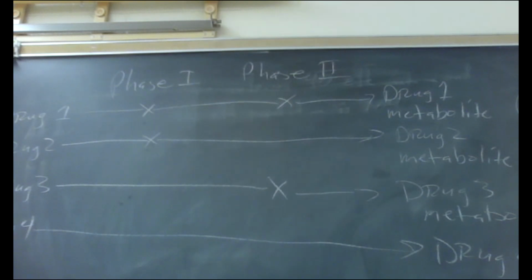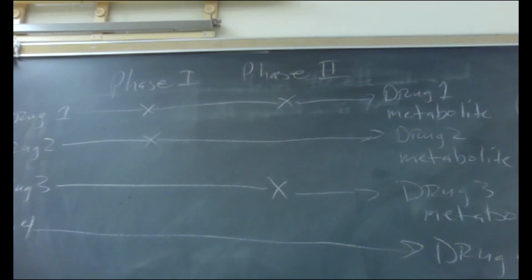All right, so you have your inducers. Oh, well, first, there are genetic variations of 2C9. Some have greater than normal activity, some have less than normal activity, and it's distributed pretty equally amongst all the ethnic groups.